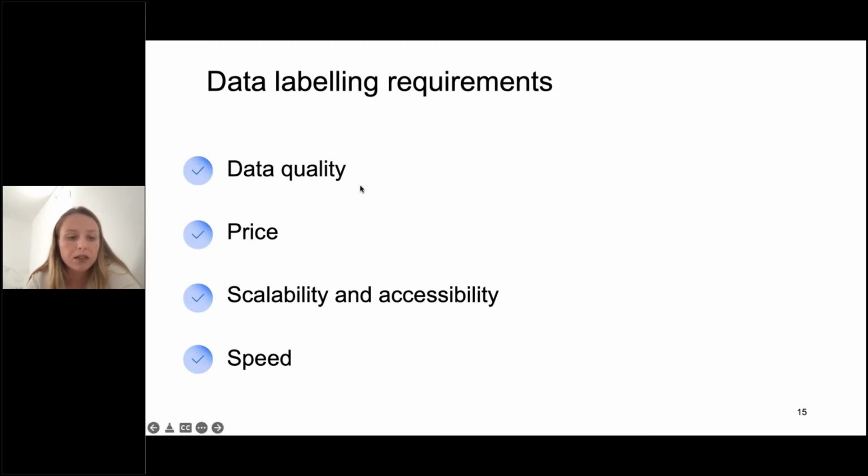Ideally, the process would be scalable and accessible. So in case we have to label some additional data suddenly, we should be able to do it as well. And we would like the process to be pretty fast, so we don't want to wait weeks or maybe months for our data to come.